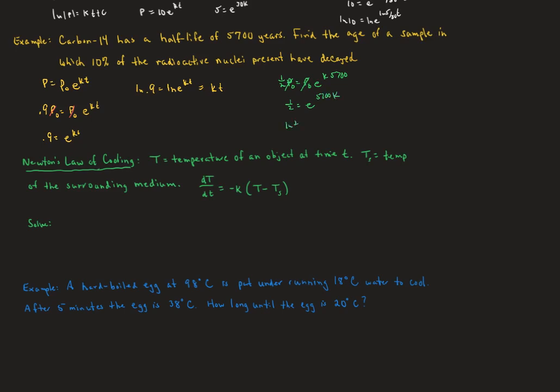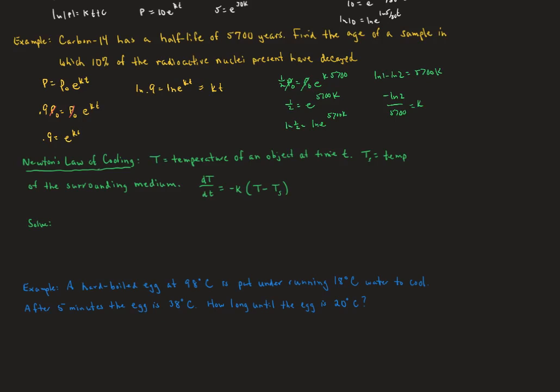We'll take the natural log of both sides, and can never pass up an opportunity to use those properties of logarithms. Don't want to forget those. And so we'll get that our k is negative natural log 2 over 5,700.